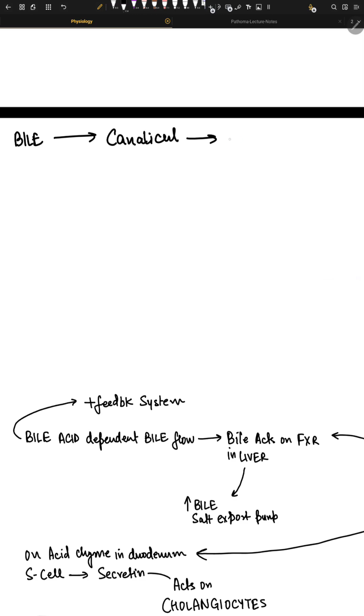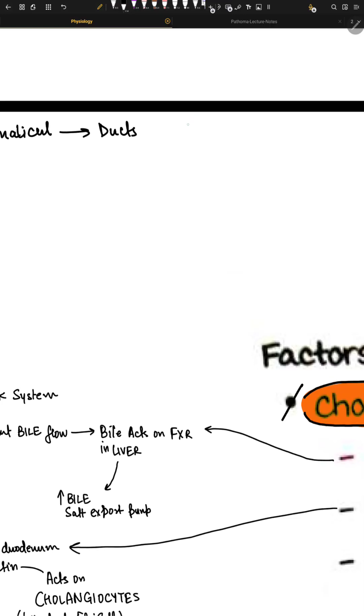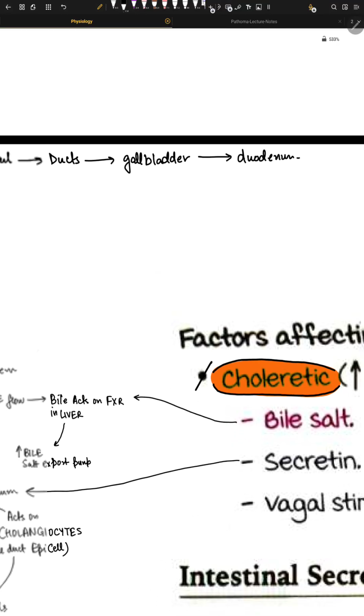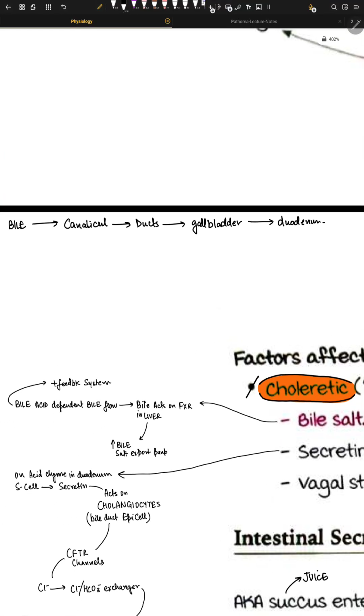Then it goes to ducts, then to the gallbladder. Now from the gallbladder we have the duodenum. So this is the normal movement of bile. Now the formation of bile is done in the hepatocytes, and the excretion is through canaliculi and the ducts, right?